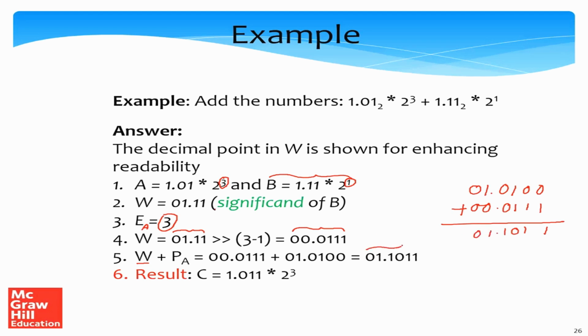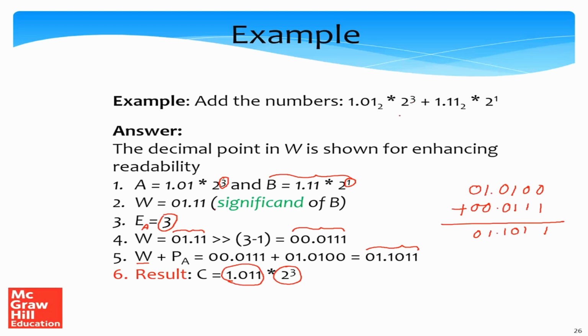So the final result is 01.1011. There is no reason to re-normalize because this is between 1 and 2. So the final result C is 1.011 times 2 to the power 3, because we are taking the exponent of A.